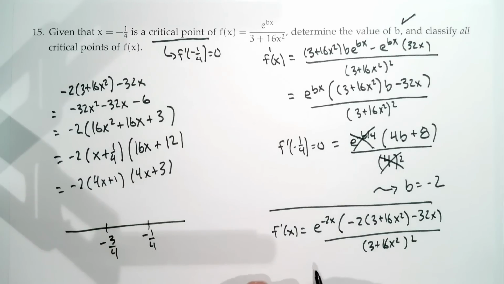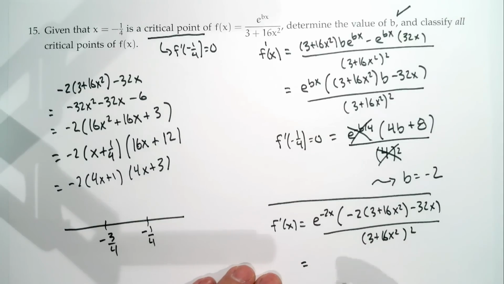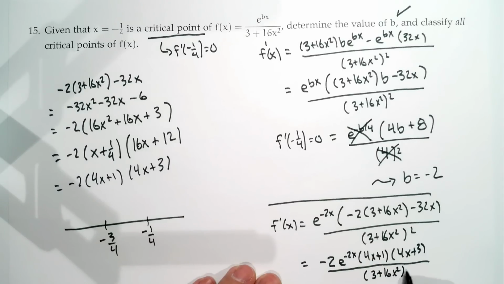So coming back over, updating our f prime of x. We've got a little bit of space down here. We get minus 2 e to the minus 2x, times 4x plus 1, times 4x plus 3, all divided by 3 plus 16x squared squared. So we just throw in some points and test.